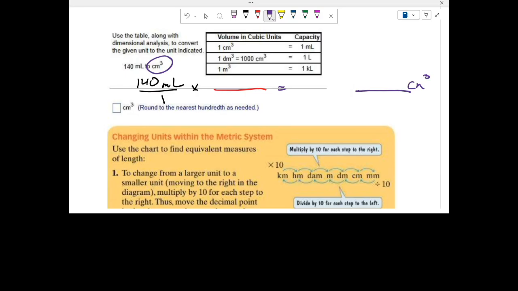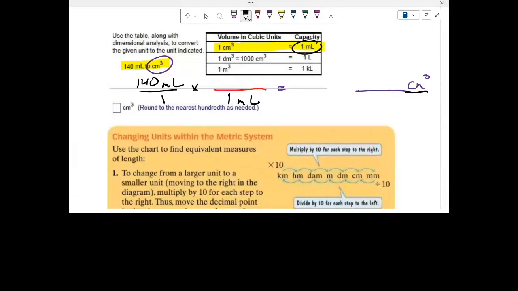So again, y'all, first thing I'm going to do, I'm going to look to see, do we have any relationship between milliliters and centimeters cubed? Right here at the top, there's cubic centimeters and milliliters in the same line, okay? So look, y'all, because we have milliliters on the top, that's what we're going to put on the bottom.